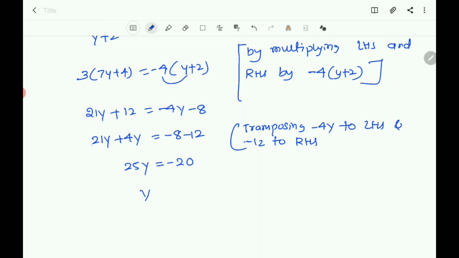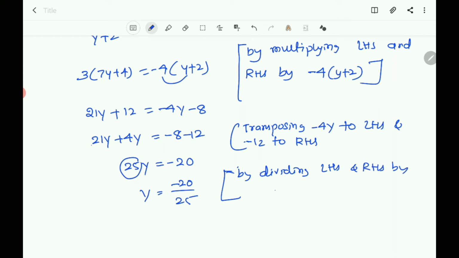Then y equals, here we have to cancel 25. It means transfer 25 to the RHS, that is nothing but dividing both LHS and RHS by 25. So it becomes -20/25. So what you have done here is dividing LHS and RHS by 25.